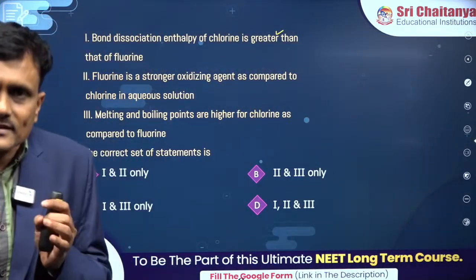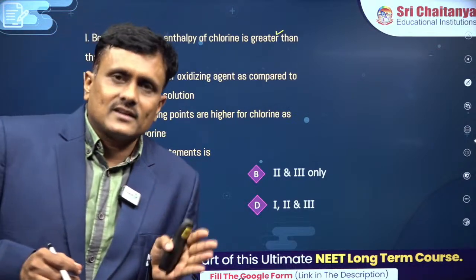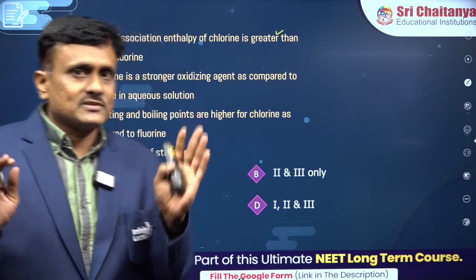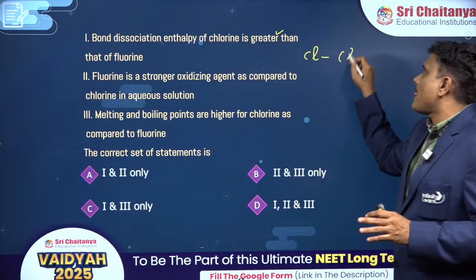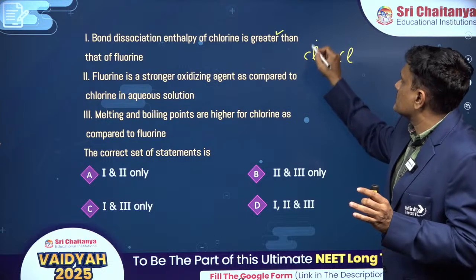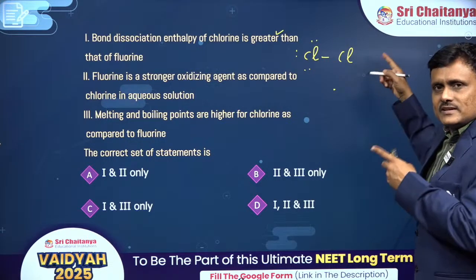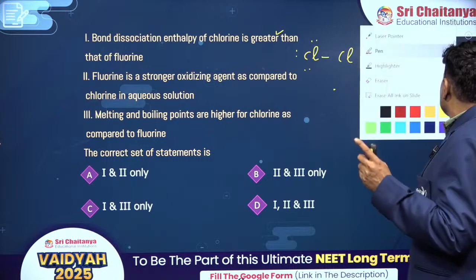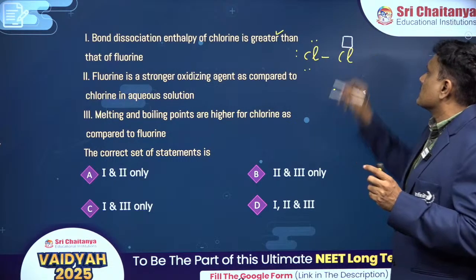What's the reason? Wherever there is resonance, wherever there is back bonding, that bond is considered to be a stable one. What will happen here in case of chlorine? You know that each chlorine or halogen carries 3 lone pairs, isn't it? Same is the case with this chlorine. But at the same time, the other chlorine has the empty 3d orbital.